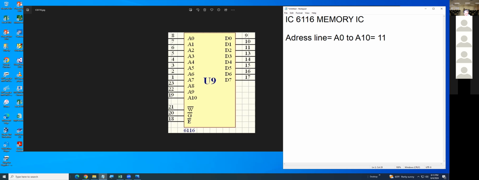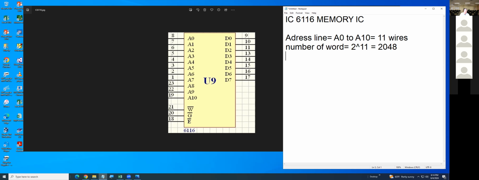Okay, 11 lines. Now, 2 to the power of 11 equals 2048.